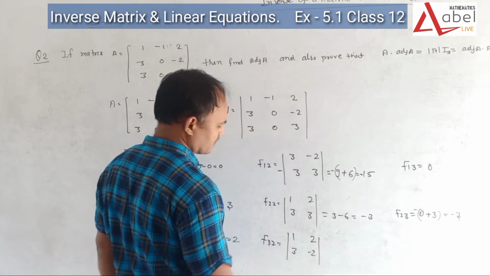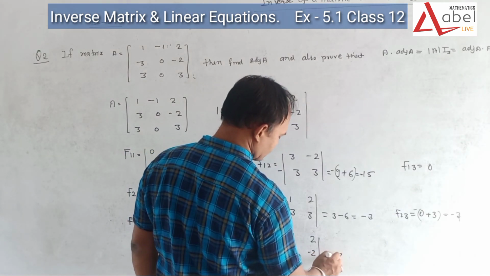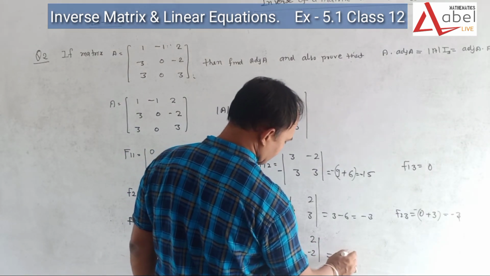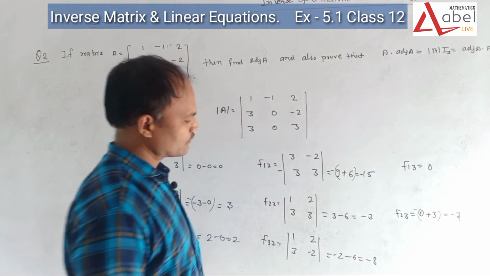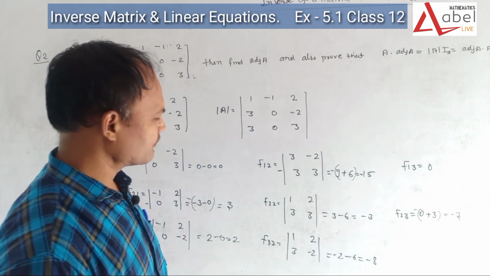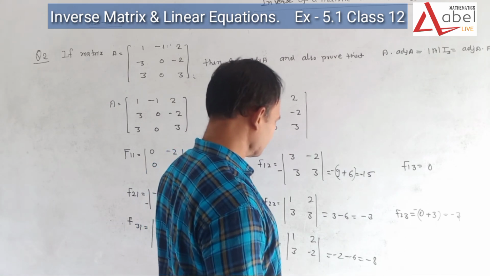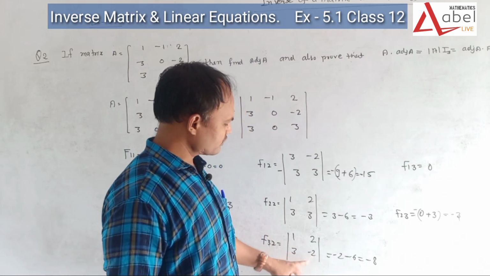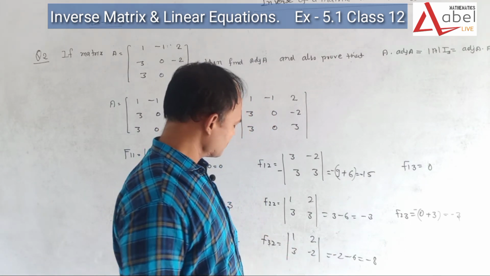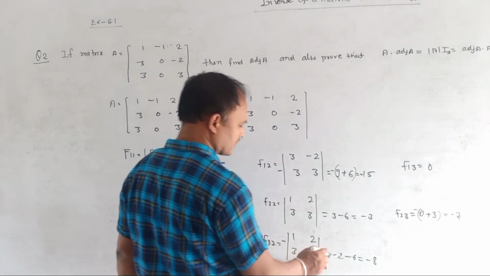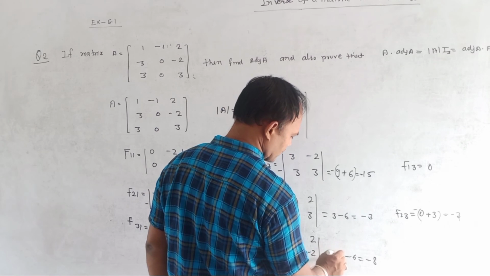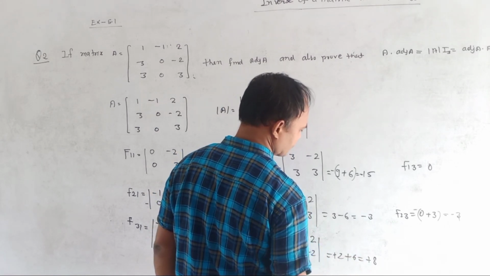So here it is minus 2 and minus 6, so we can say that it is minus 8. Okay, so students, it is minus 8, but it is 3 plus 2, it is 5, so we have to use a negative sign before it, so negative of negative means it is positive.